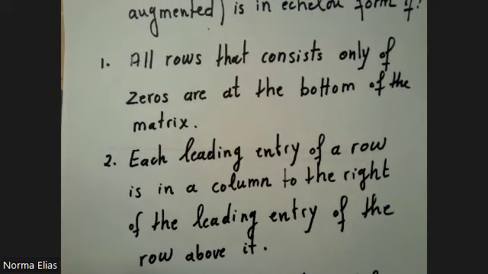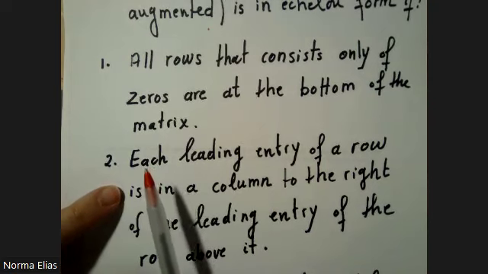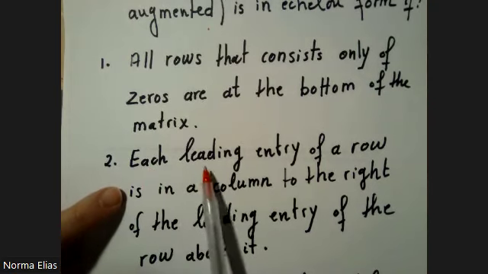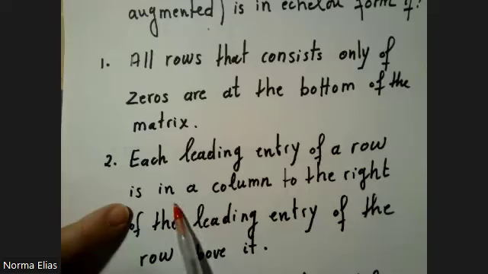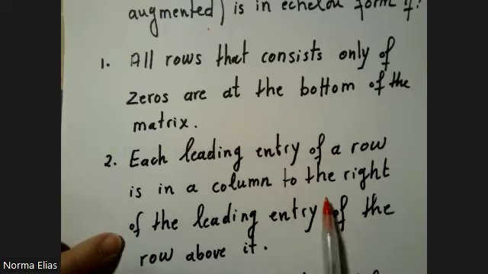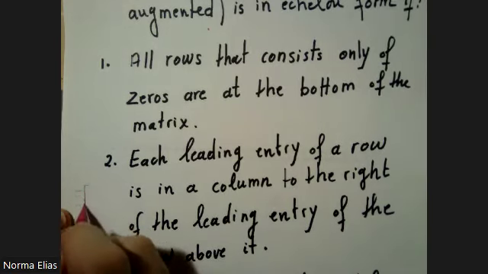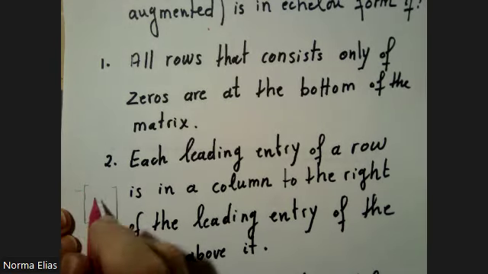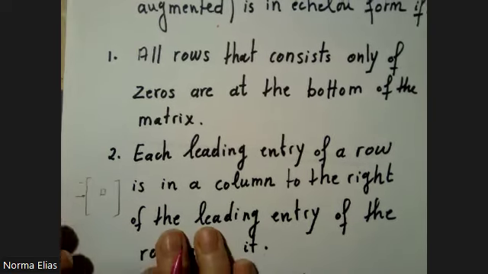Condition two. Leading entry, which is the first non-zero entry in a row. Each leading entry of a row should be in a column to the right of the leading entry of the row above it. So suppose you have a matrix, and this is the leading entry in the second row.